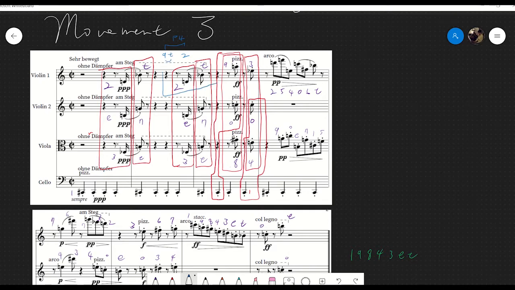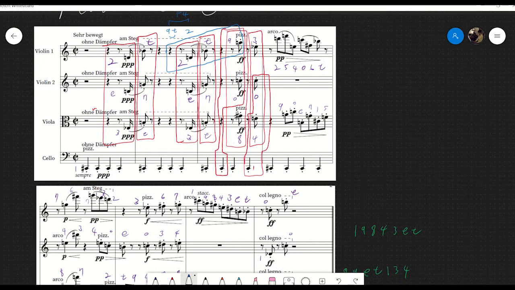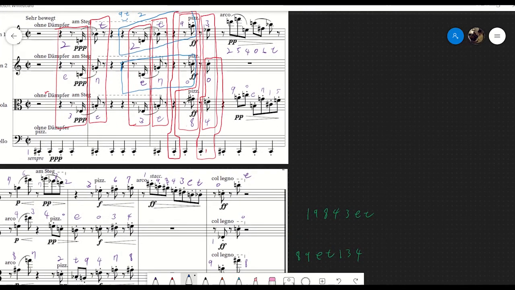So this is an example of set class 3-4. The same thing happens here, I will not go further. It doesn't happen here because, as you can see, there's no half step in any of these notes, so you will not be able to make either 3-3 or 3-4.